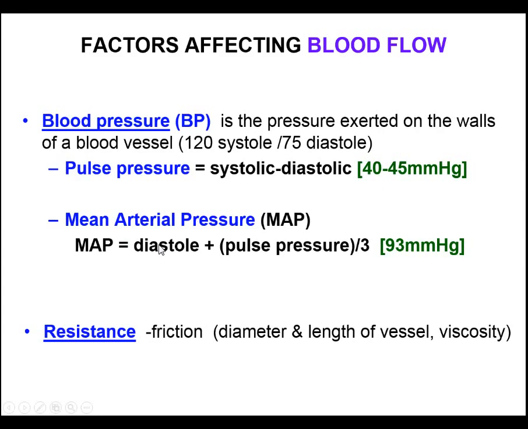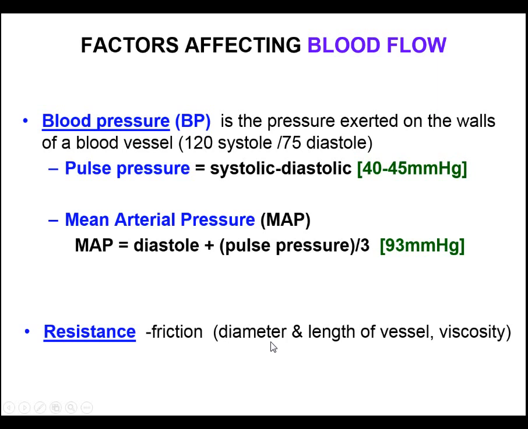The next variable that we're going to look into is resistance. We know that resistance within vessels falls into the category of friction, and we all pretty much have a good idea of what friction is. Some of the different variables that influence friction or resistance are the diameter of the vessel itself.